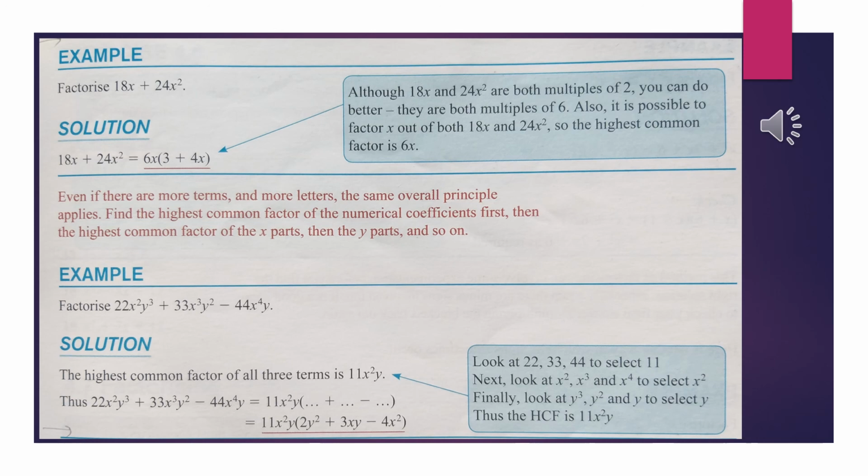Then 22x squared y cubed plus 33x to the power 3 y squared minus 44x to the power 4 y can be factorized by taking the highest common factor out, 11x squared y, term plus term minus term, and the final answer is 11x squared y within brackets (2y squared plus 3xy minus 4x squared).